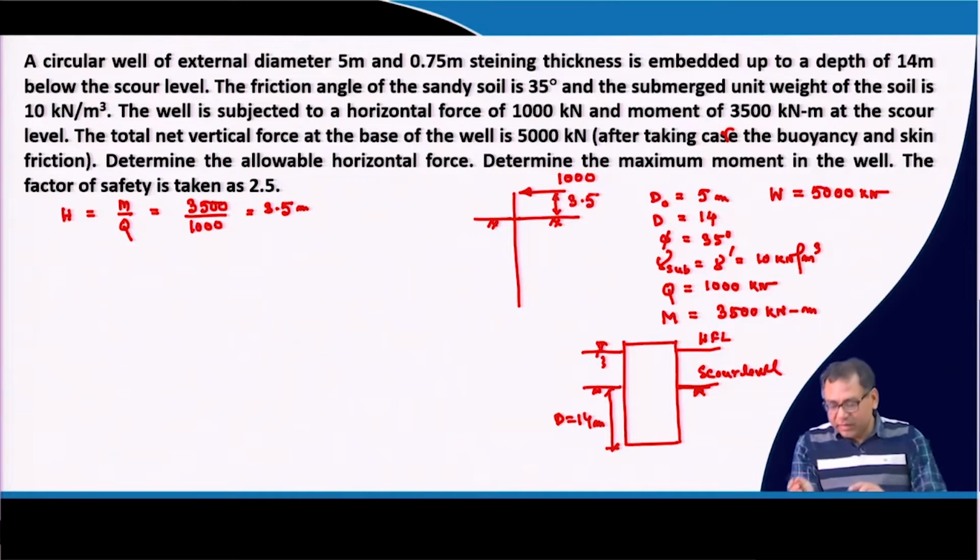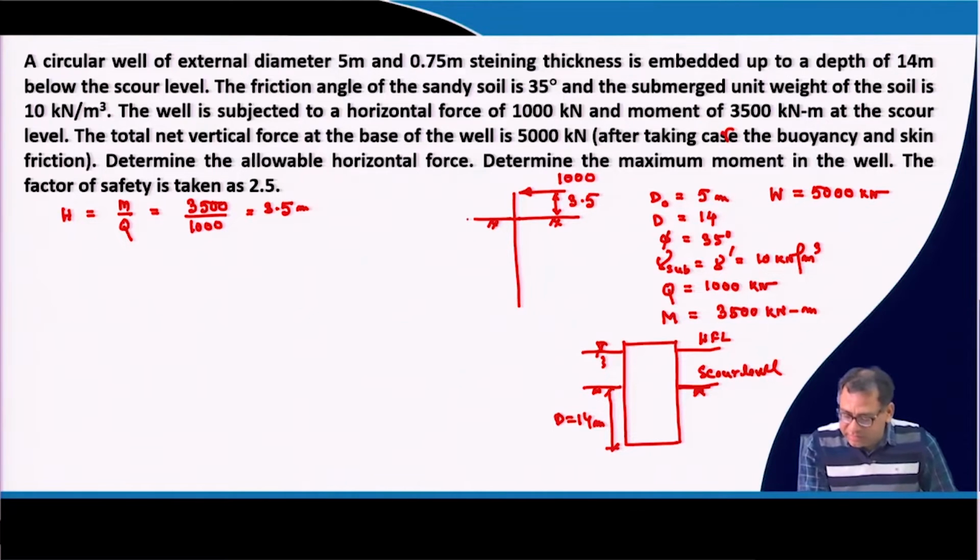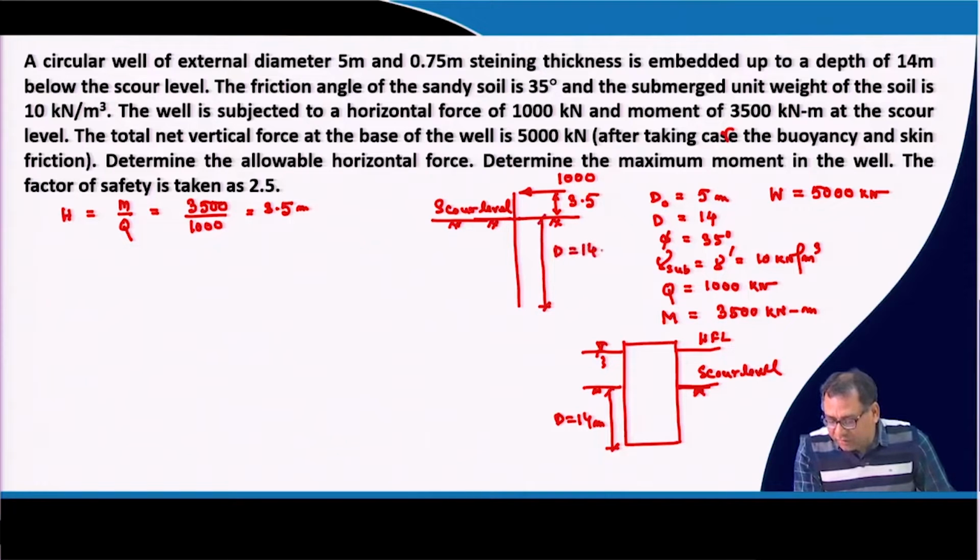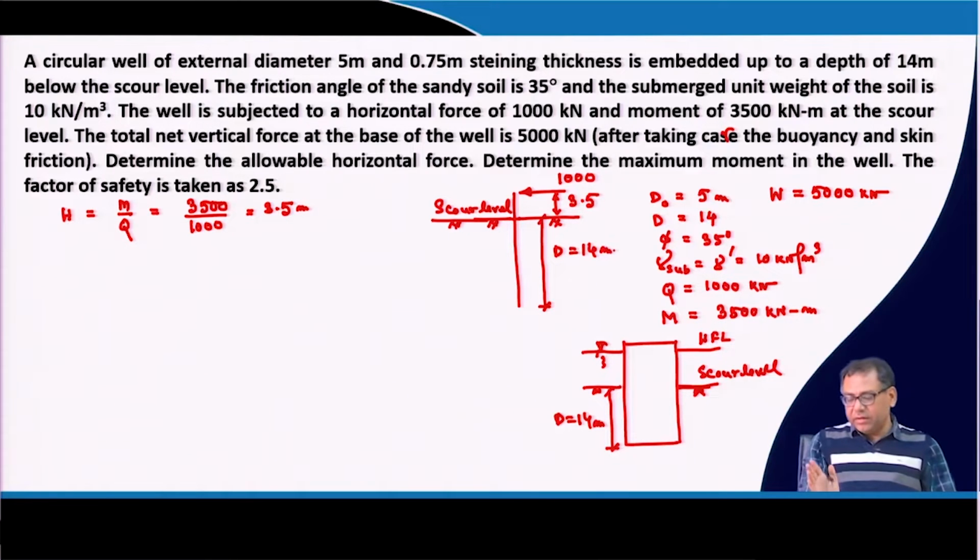That means it is providing a moment of 3500 kilonewton meter, and at the same time the horizontal force of 1000 kilonewton is also acting. So, this h value is 3.5 meter above the scour level, and this is the grip length d, which is equal to 14 meter. So, now this is the problem.